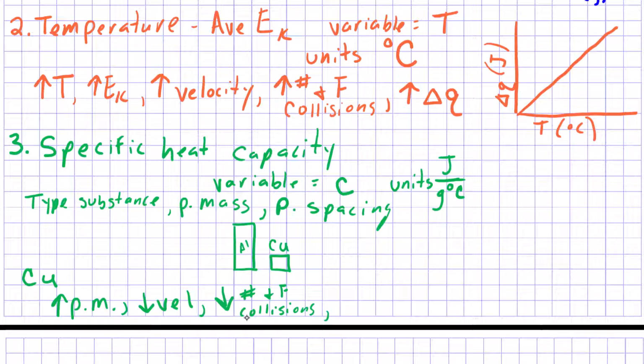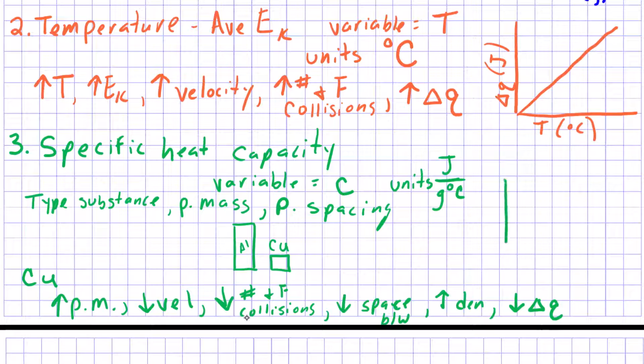Which means we're going to have a higher density, which means we will have, actually, I should probably write that, sorry, less spacing between particles, which means a higher density, which means we are going to have a lower change in heat, a lower total energy change.